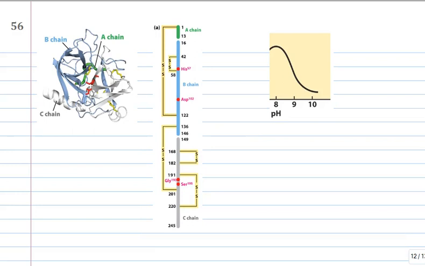So here we go. Here is chymotrypsin. Our DSP. And it turns out that chymotrypsin is a trimer. It has 3 subunits.